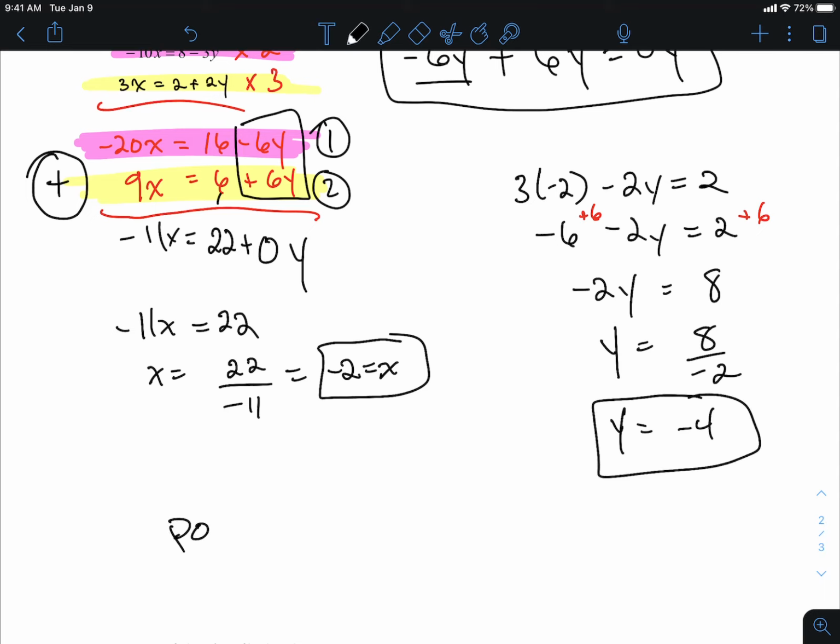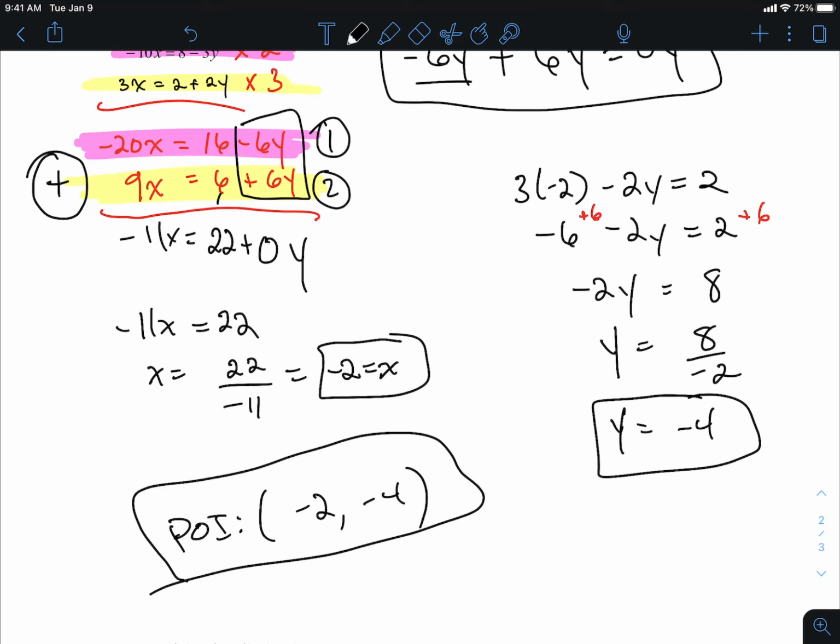So then my point of intersection. We're going to do the same thing we wrote with substitution.